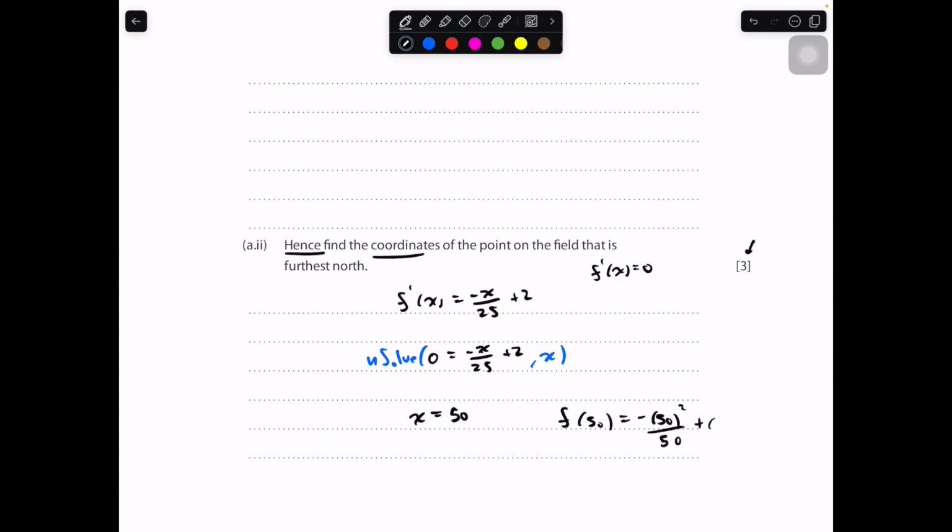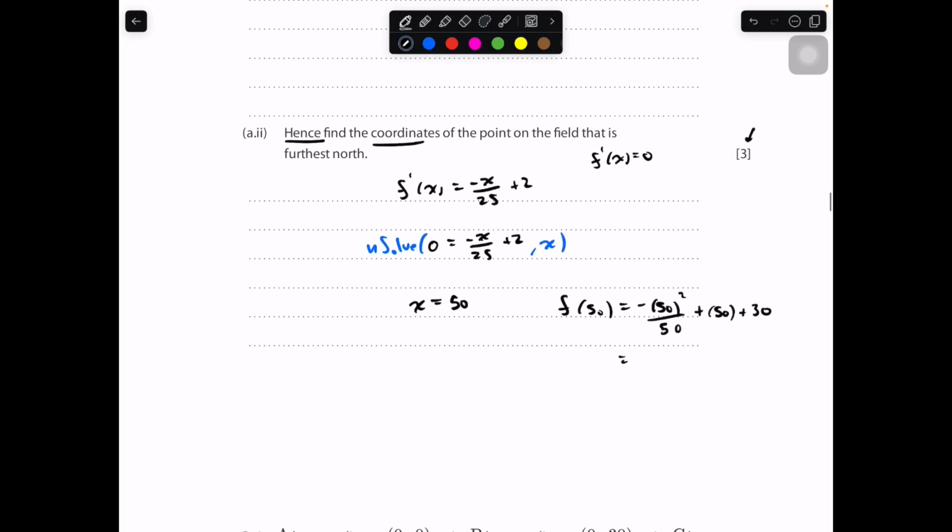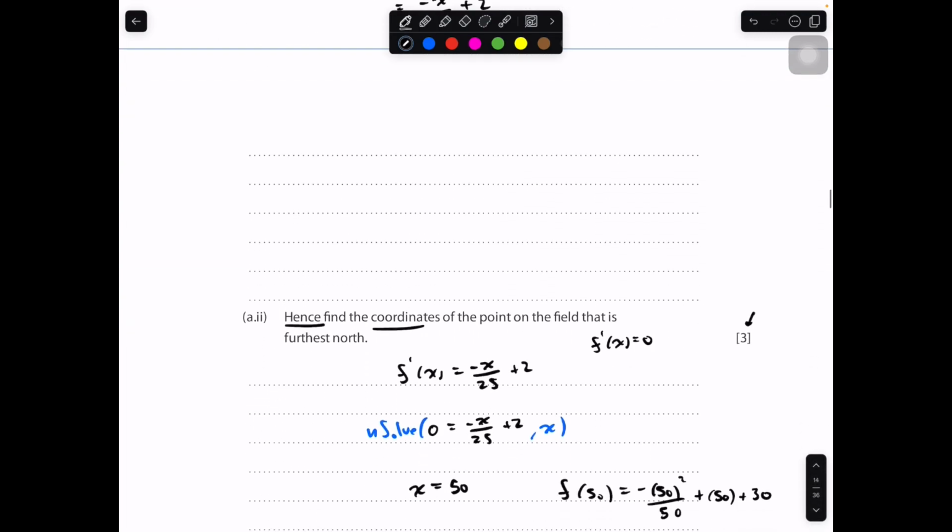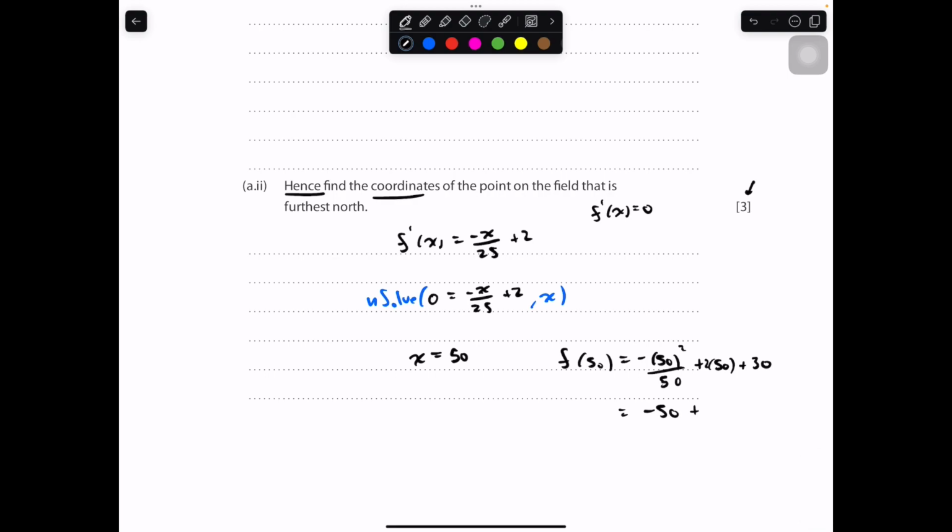So plus 2 times 50 plus 30. And this would give us the y value. In this case, just working this out, this would be negative 50 plus 100 plus 30, which gives us a value of 80. And so y would equal 80 at this point. So maybe the key takeaway is this "hence": they're saying make use of that previous information, or your previous findings, rather.